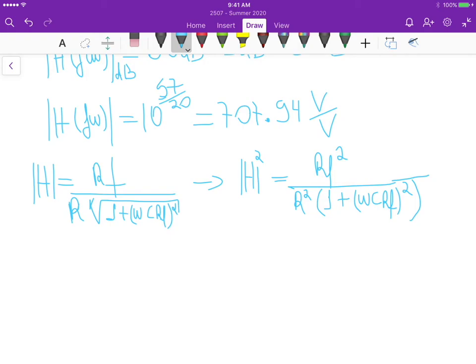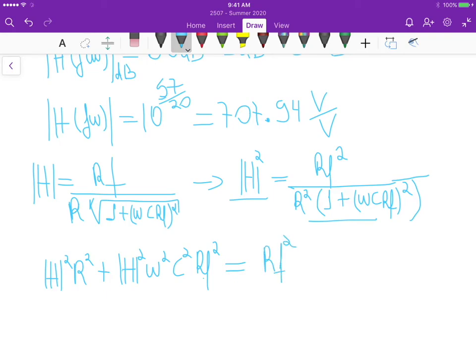If we multiply the denominator to the left-hand side, we get H squared times R squared plus H squared times omega squared C squared RF squared equals RF squared.